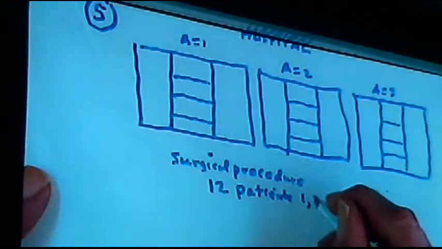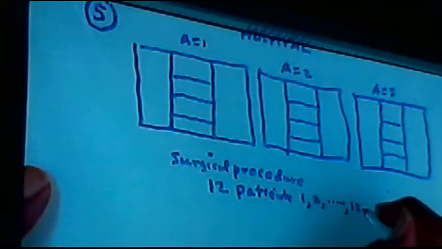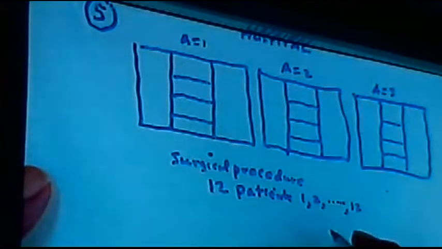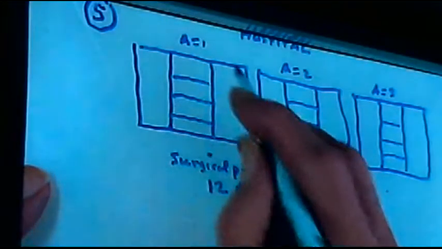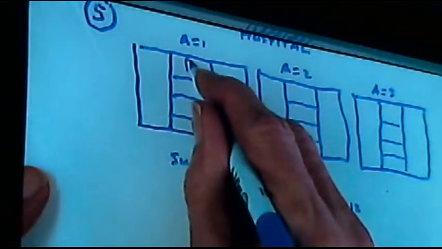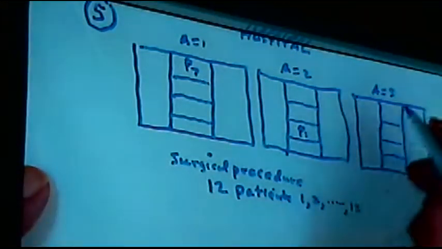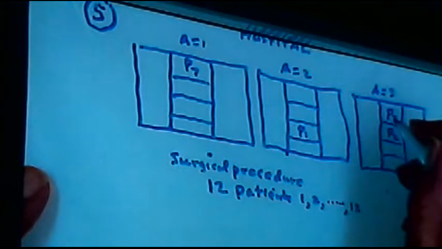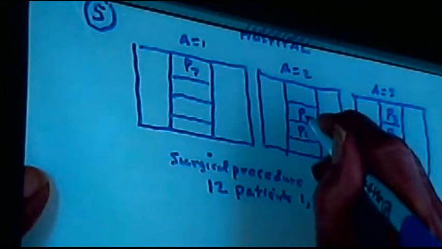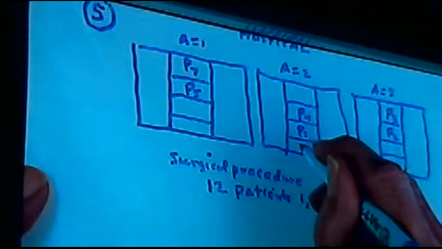Think of them as having a number assigned to them. 4 of these patients are randomly assigned to the first hospital. So this might be patient 7, patient 1 is maybe over here, patient 2 is here, patient 3 is here, patient 4 is here, patient 5 is here, patient 6 is here.